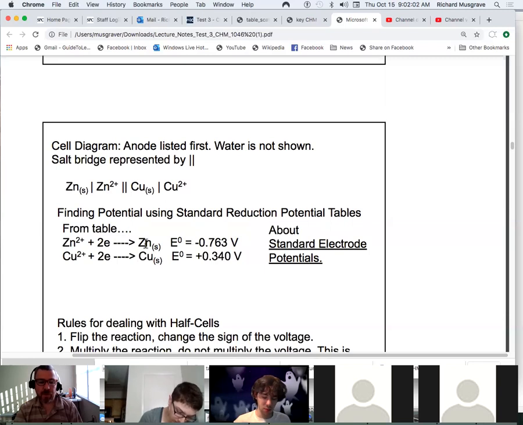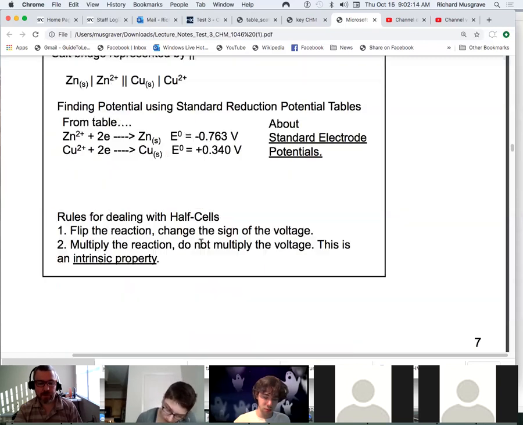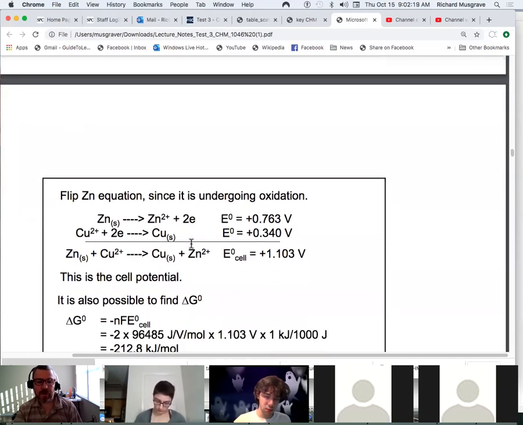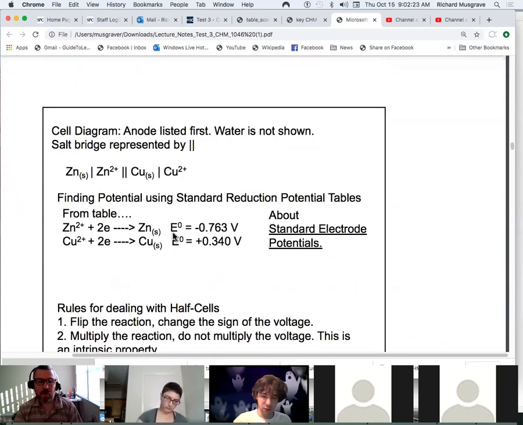So if I turn this around and put zinc solid goes to zinc 2+ plus 2 electrons, that's going to turn that into an oxidation. But in so doing, I also have to flip the sign on the E0 as well and make it positive. So let's do that. I flip the zinc equation because it's undergoing oxidation. And why do I do that?